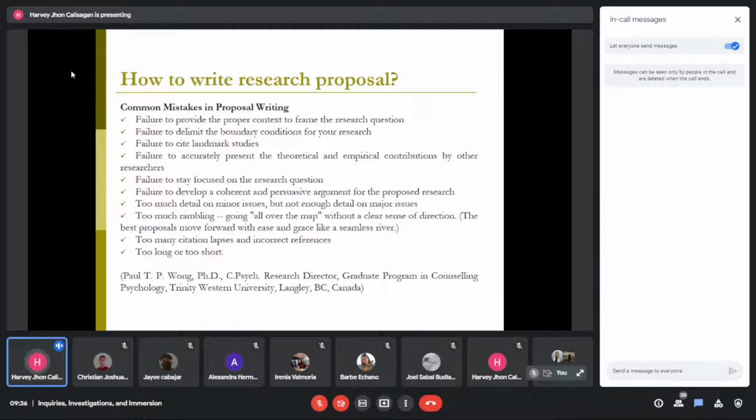If your title is not that strong, and the content, especially in your RRL, your literature, is too weak, it's very weak for conducting the research.